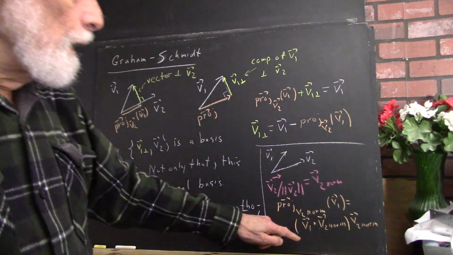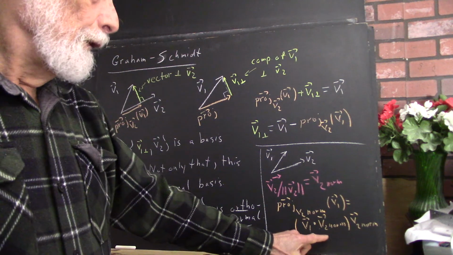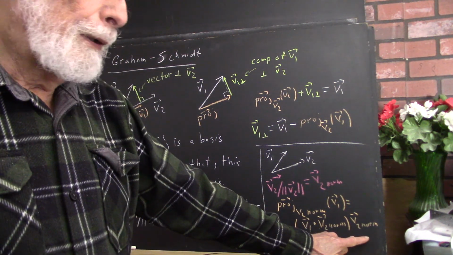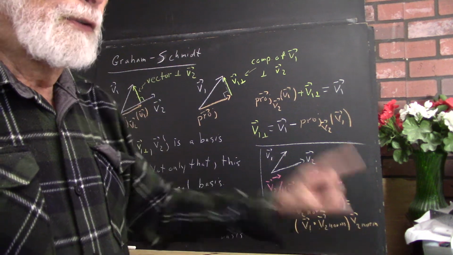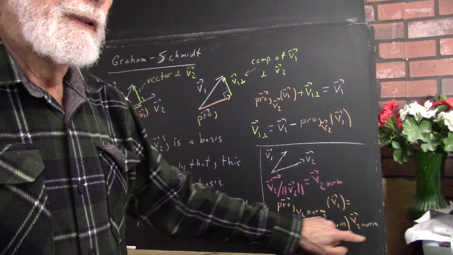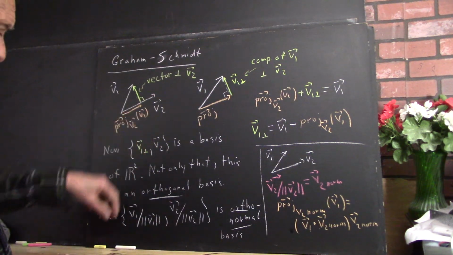Okay, you don't have to divide by the magnitude of v2 norm here, because the magnitude of v2 norm is 1. So it simplifies the calculation if you first normalize v2.